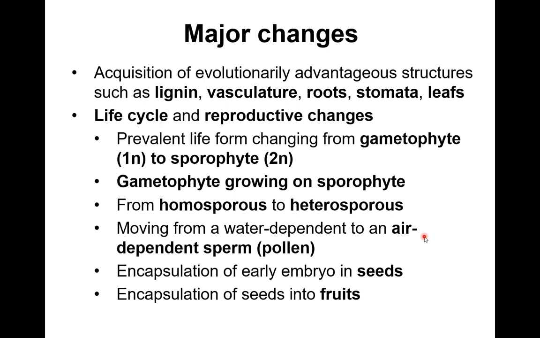Whether it's coming from the lake or from rain, they need water for the sperm to move and fertilize the eggs. The other plants you'll see, when we talk about gymnosperms and angiosperms, instead of having this water-dependent sperm, now have an air-dependent sperm, which is still inside a structure which overall is referred to as pollen. We'll talk about that.